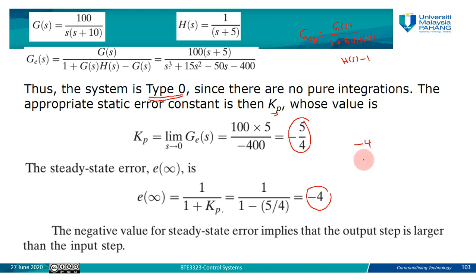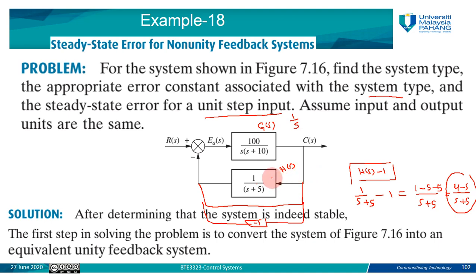For example, if the set point is 10, you will get an output of 14, which is higher by 4. Okay, so this is how we can find the steady state error for the non-unity feedback system.